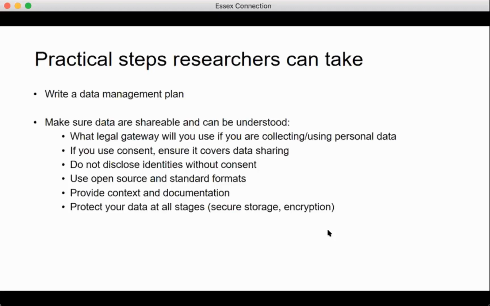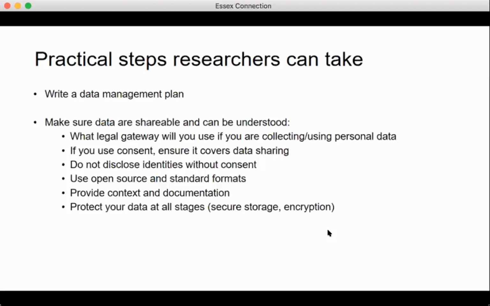Which we will look at in other webinars as well. There are other webinars that cover legal and ethical aspects, and you can join those. Unfortunately, that is beyond the purpose and the time of this webinar.